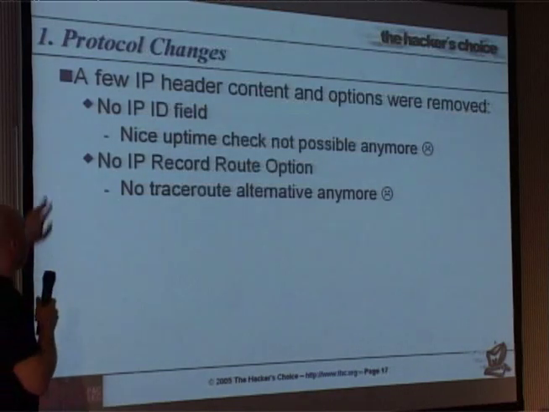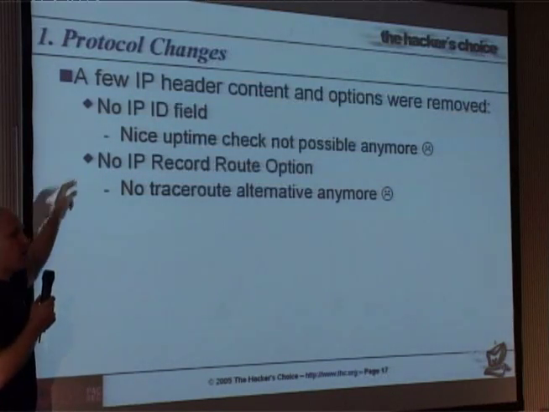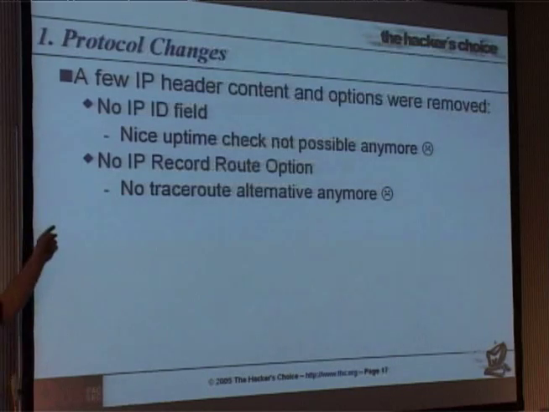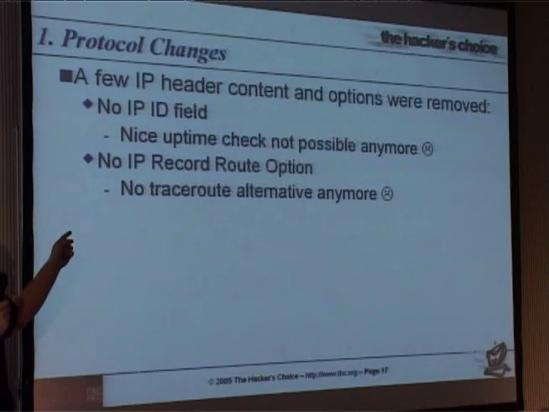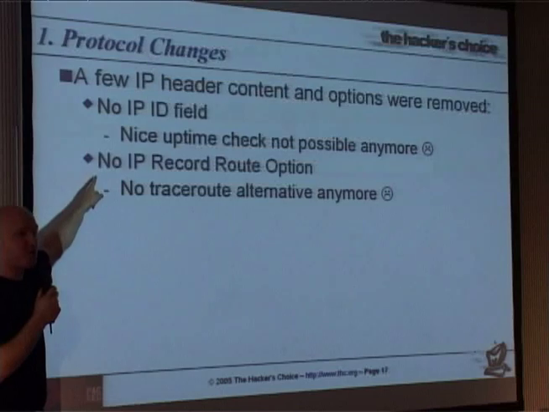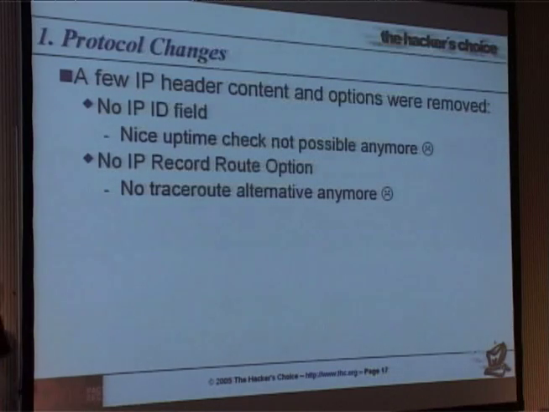And the other thing is, they removed the IP record route option. Who knows about that option? Yeah, not very many. How many people know how traceroute works? Lots more. This is cooler. Because traceroute can easily be filtered. You can configure on a router, hey, I don't want to send any time to live exceeded messages because it just costs me performance.